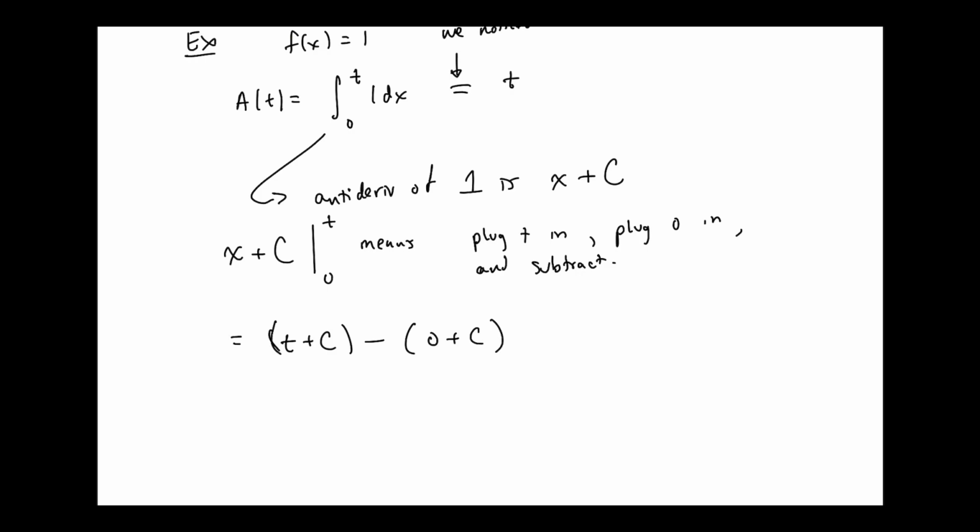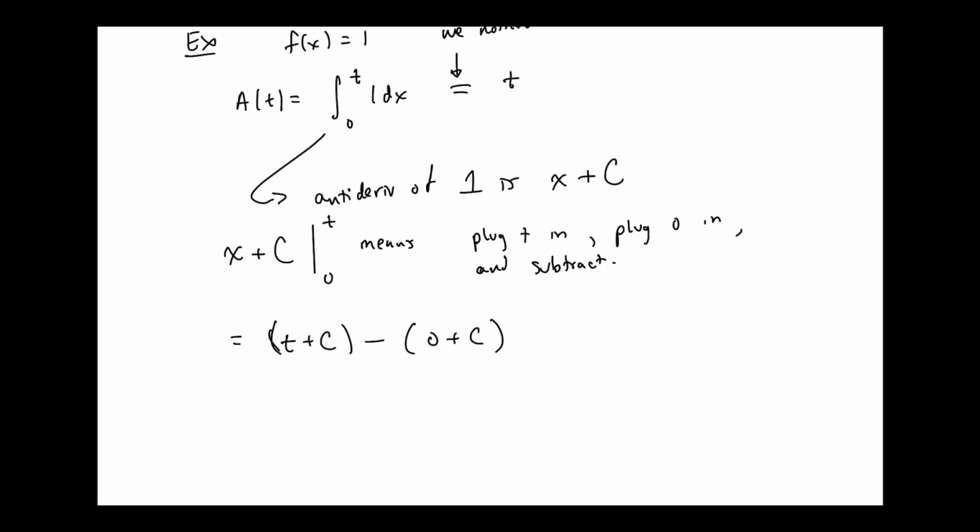So what did I do? Everywhere I saw an x, I plugged in the thing at the top. That got me t plus c. Then for the 0, everywhere I saw an x, I plugged in the 0. I got 0 plus c. And then I subtract the two. Now, can we simplify this a bit? In particular, what happens to the c's?